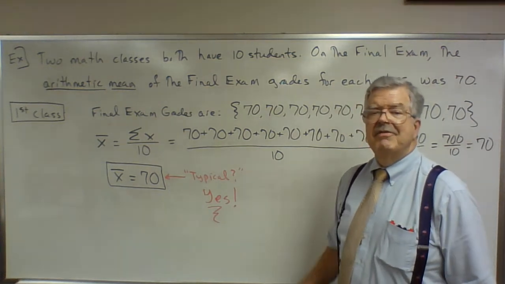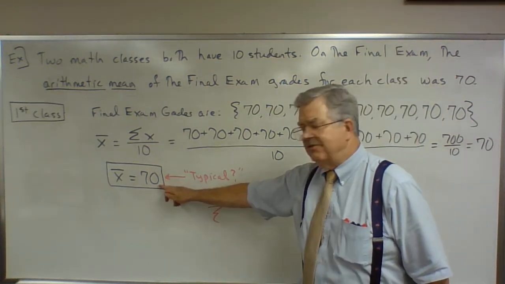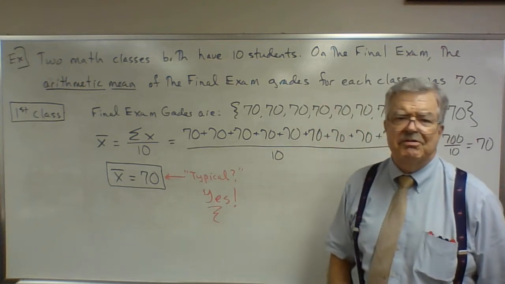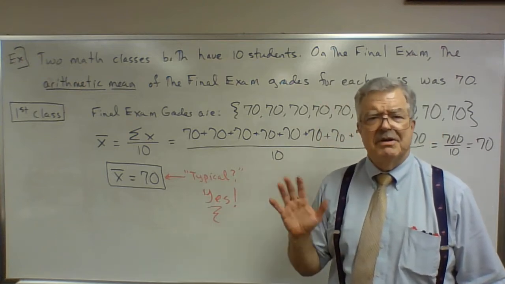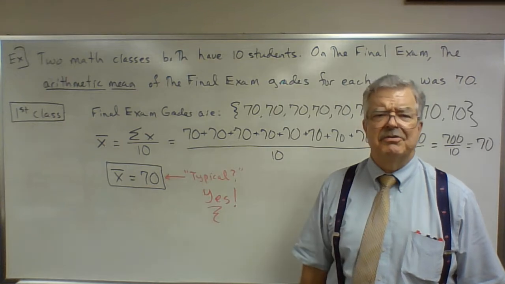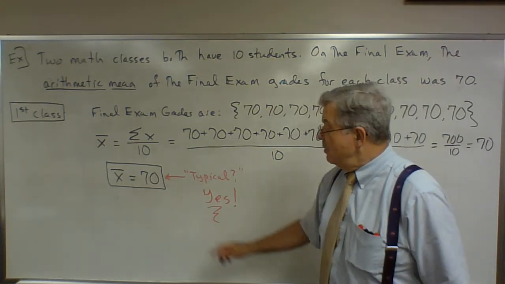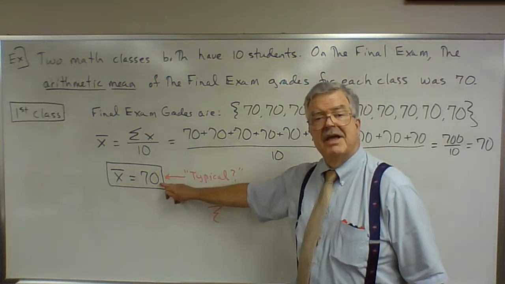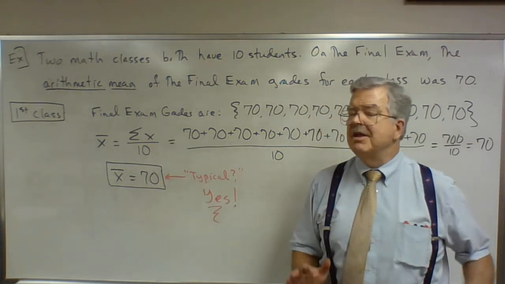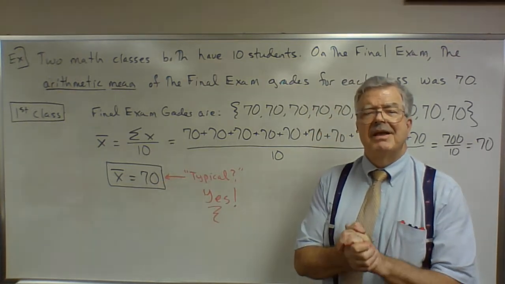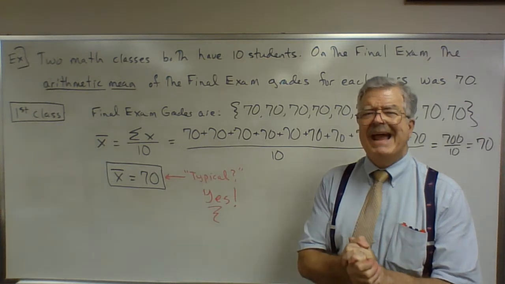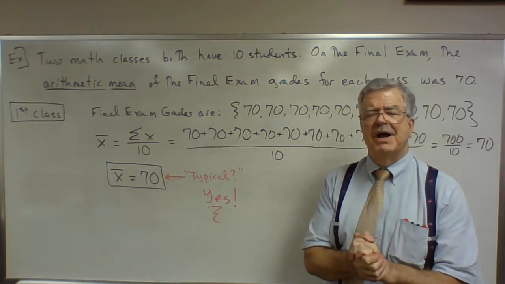We look at that 70 and we think, class average is a 70, the students: not too good, not too bad, average, typical students. And we're absolutely right. In this case, the arithmetic mean tells us the truth. It gives us a completely accurate perception of what's going on in that class.